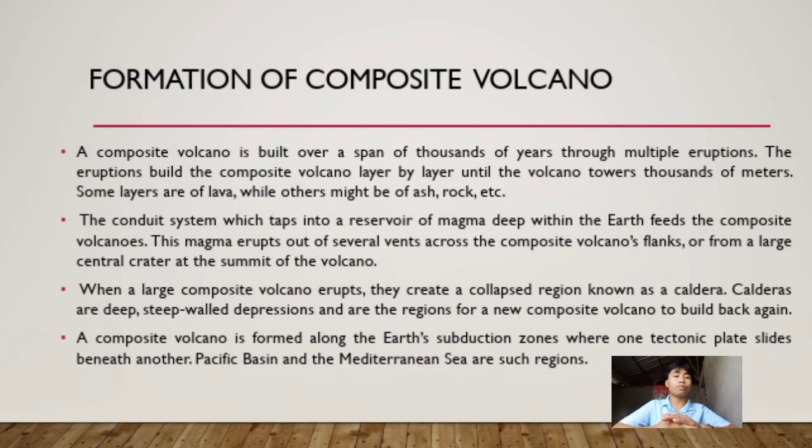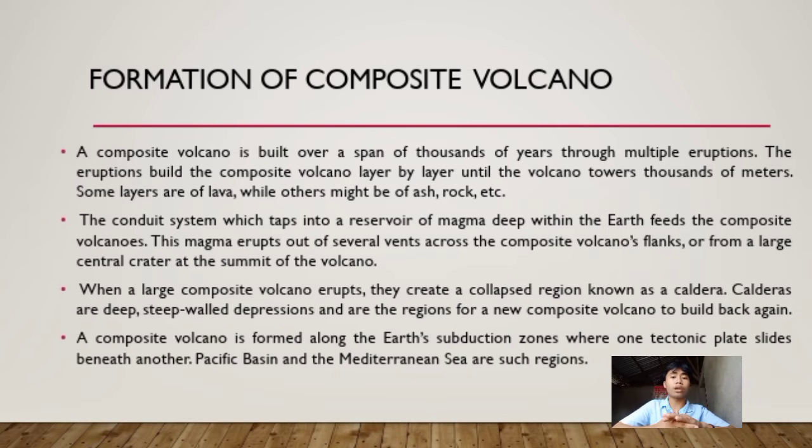The conduit system, which taps into a reservoir of magma deep within the earth, feeds the composite volcanoes. This magma erupts out of several vents across the composite volcano's flanks or forms a large central crater at the summit of the volcano.